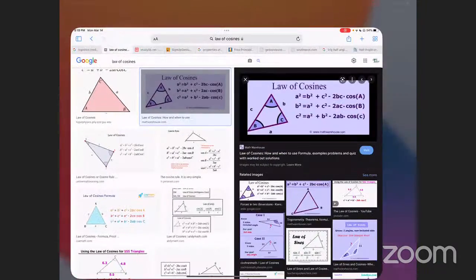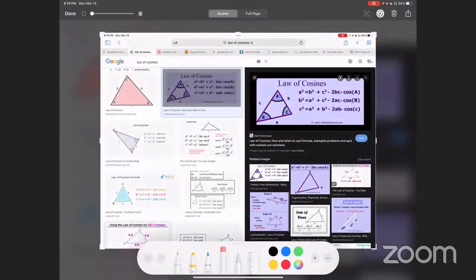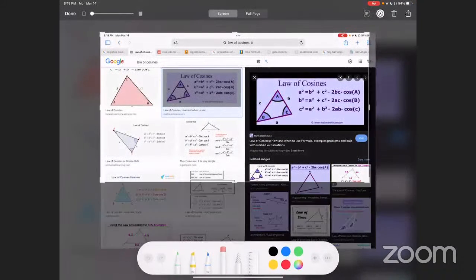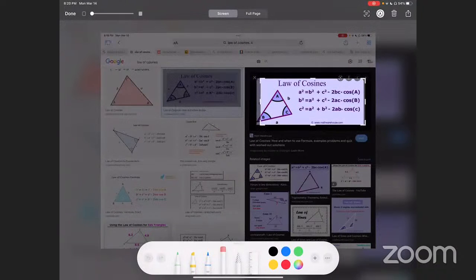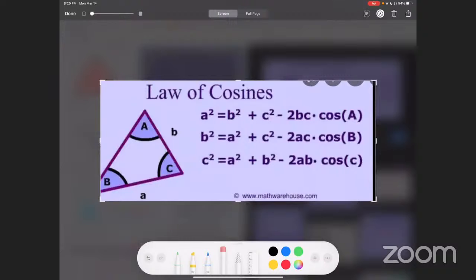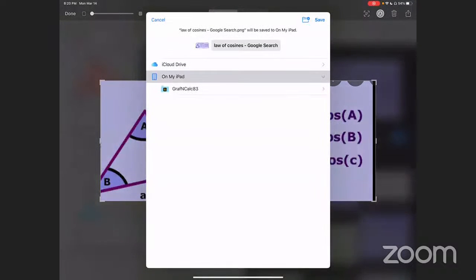I wonder why. Let's try that again. Do you see the law of cosines? Done. Save to photos? Save to files? Is that what I should have done?